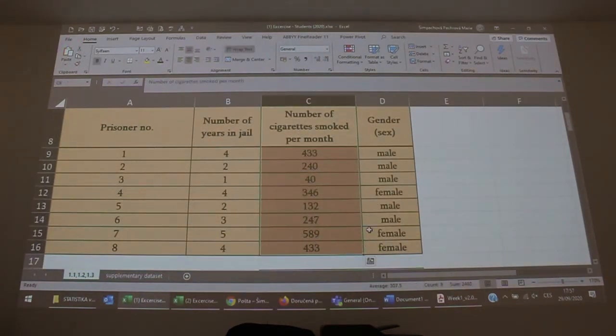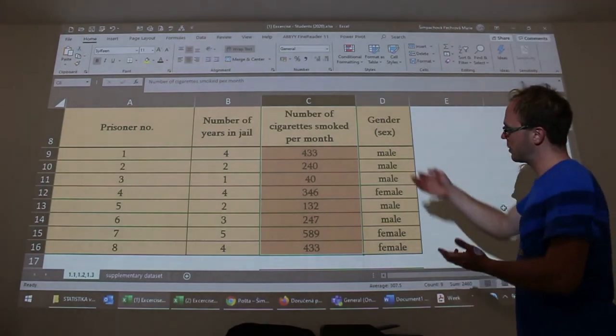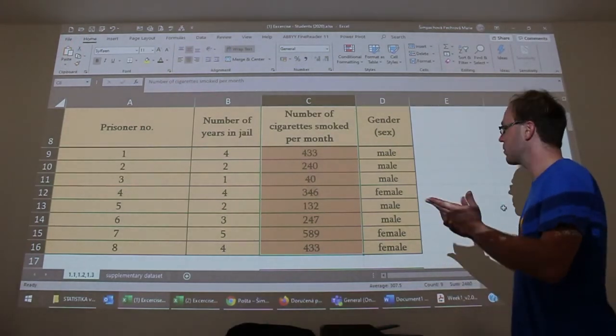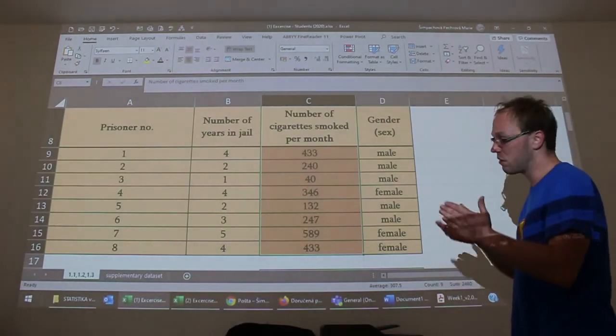Okay, so we will assemble the frequency distribution table. How many intervals can we use? It depends on us. We can select, for example, 2, 3, 4, or 5 intervals.